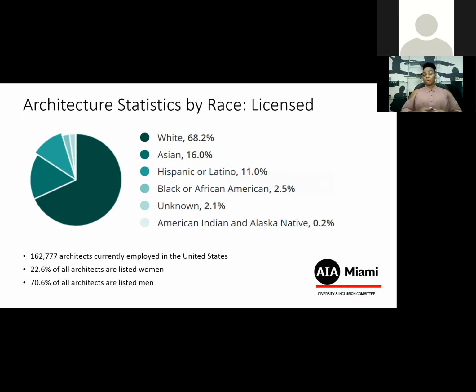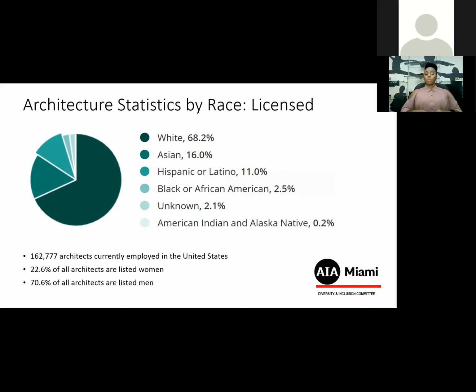Therefore, the amount of white licensed architects is as well incredibly high. We have 68.2%. And the rest of that pie is minorities. Next coming in at Asian, and after that, Latin or Hispanic.